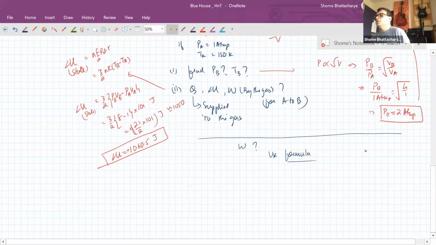So P is proportional to V to the power half, which means PV to the power minus half is constant. So this is a polytropic process with alpha equal to minus half. So therefore W is equal to nR delta T upon 1 minus alpha.